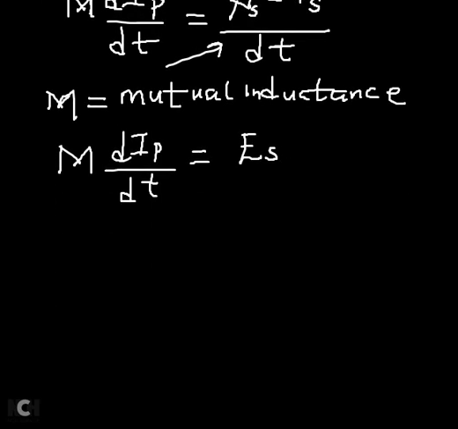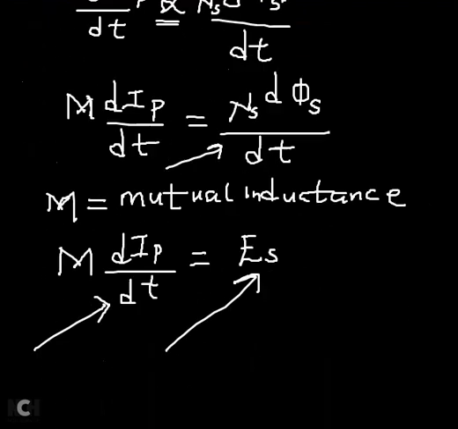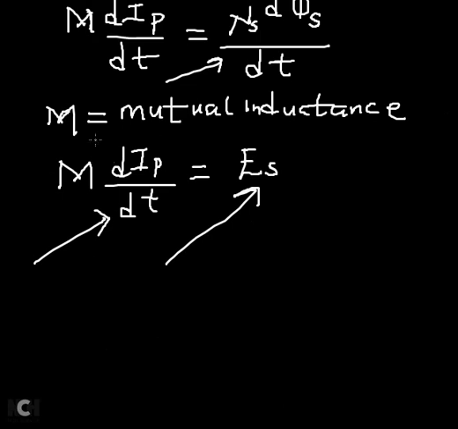So that's why they call it mutual. The change is taking place at the primary, but the EMF is actually being induced at the secondary. So this is actually mutually coupled with this, and vice versa. I can also go the other way around.